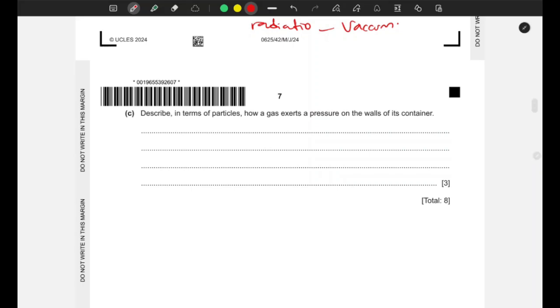Part 3. Describe in terms of particles how a gas exerts a pressure on the walls of its container. Okay. So as we know, gas particles are all very far apart from each other and they're always moving around. So what we can say is the particles collide with the walls of the container.